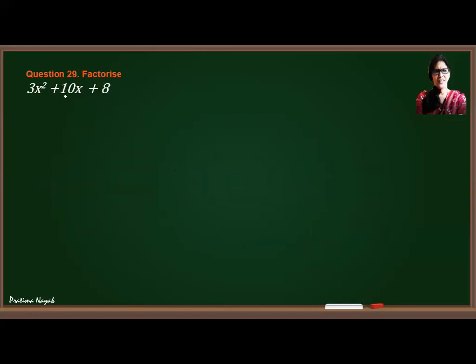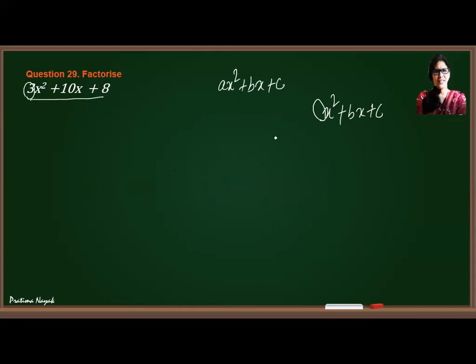Next, 3x square plus 10x plus 8. This is another new question. Here is your ax square plus bx plus c. Previously you were getting only x square, that means x square had no coefficient, but now it has a coefficient. So what do you do?